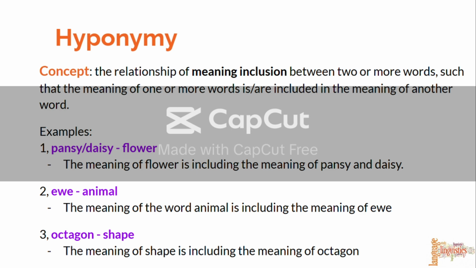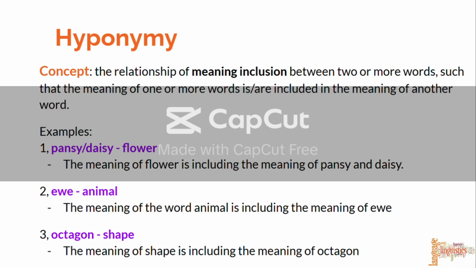Let's look at the second example, ewe and animal. So the meaning of ewe, that is a female sheep, is included in the meaning of the word animal. So they have a meaning inclusion relationship. That is, they have a hyponymy relationship.